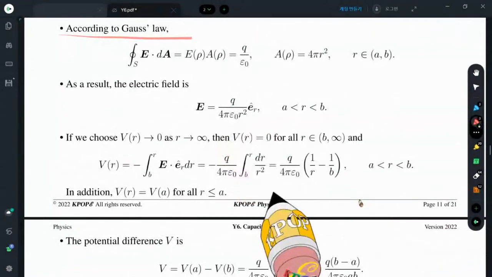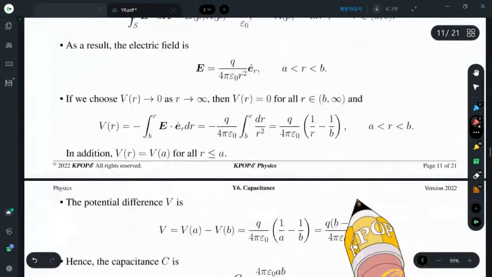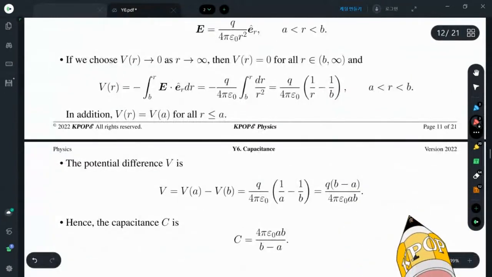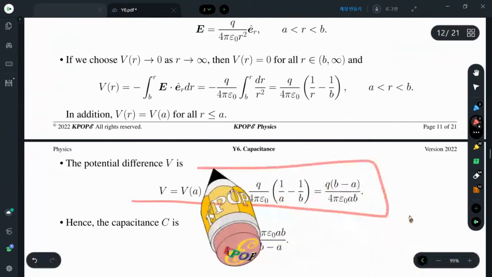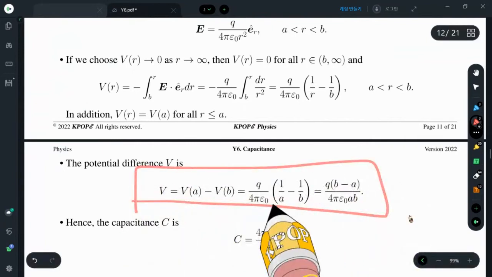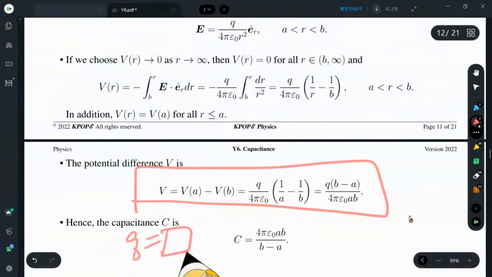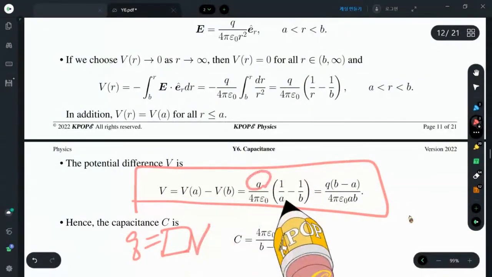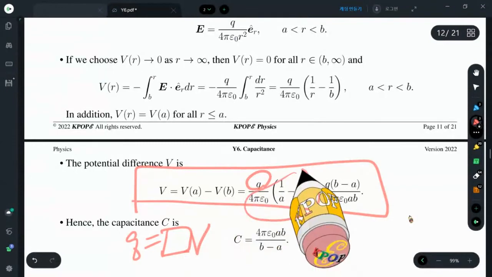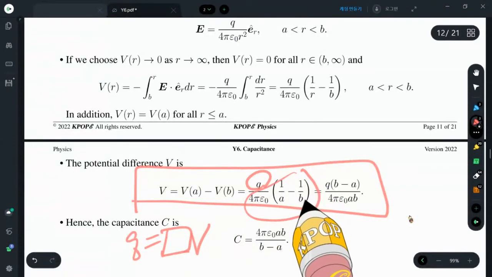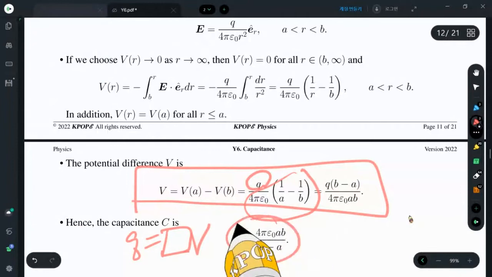Let me tell you the final result, because you are already well familiar with this integral. The potential difference is finally obtained like that. Again, Q equals something times V. So the reciprocal of this one will be the capacitance of a capacitor constructed by concentric spheres.